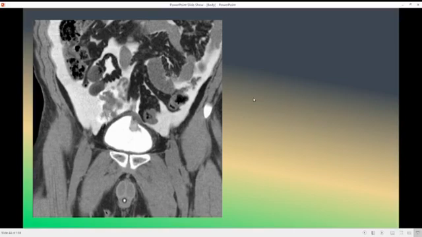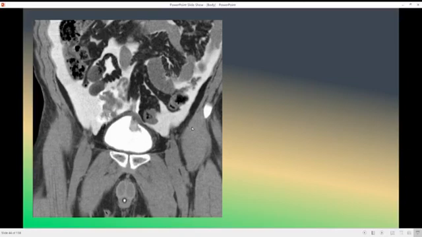What do you think the patient has? Very good, Dr. Rabia. It is intraperitoneal bladder rupture. Very good. With hematoma here.